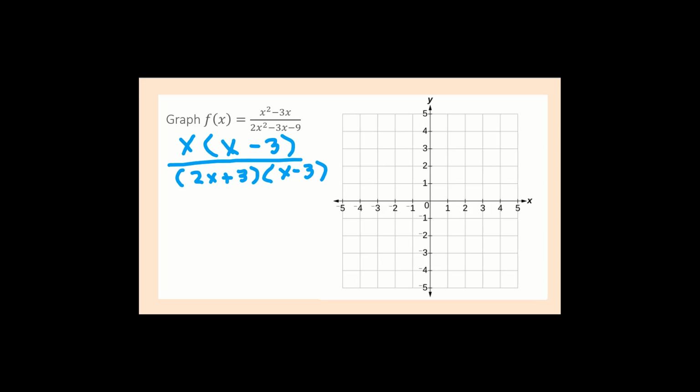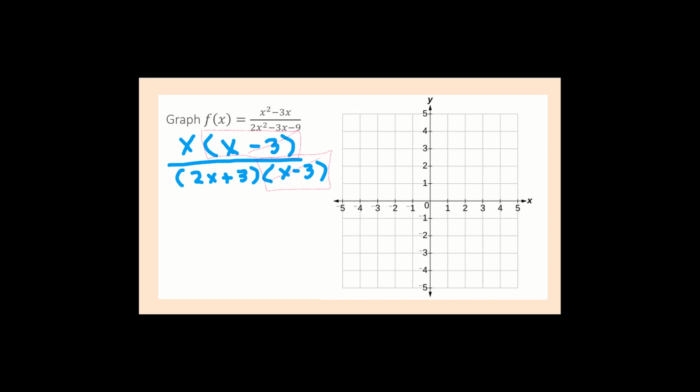Okay, look carefully, and we see that we have an x minus 3 in the numerator and in the denominator. So anything over itself is just going to be 1, so we can cancel that out.